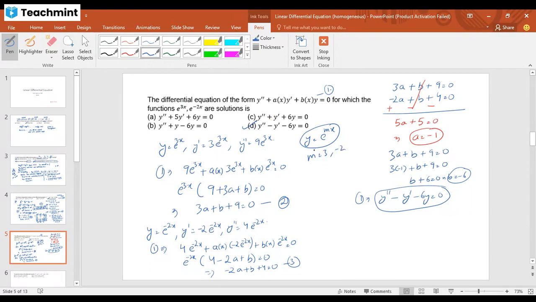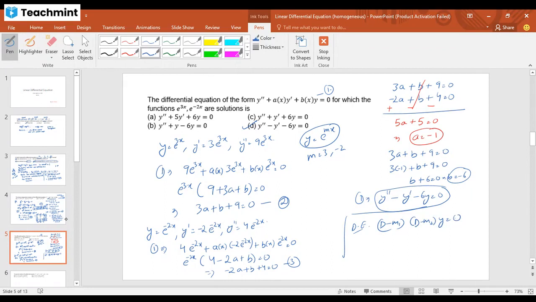If these are the roots of the auxiliary equation, then what is the differential equation? Then the differential equation is d minus m1 into d minus m2 into y equal to 0. Right? If the roots of the auxiliary equation are these, then this is the differential equation.